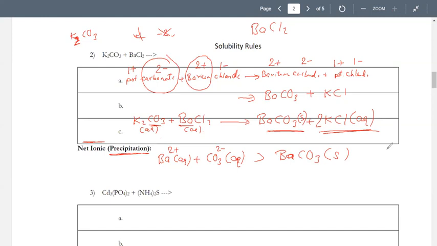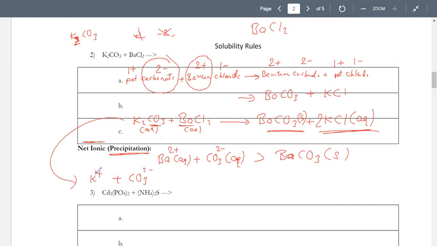And the other way would be to write everything down and cancel, cancel, cancel. That's just going to be one more step. If you write the ionic equation for all of those, you will have K positive plus CO3 2 negative.